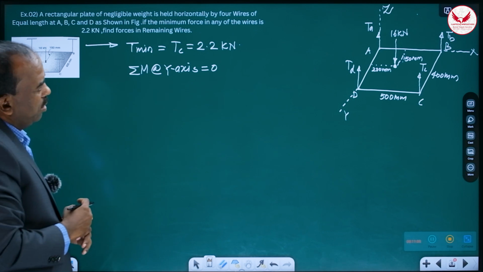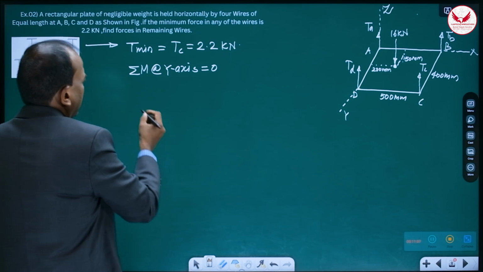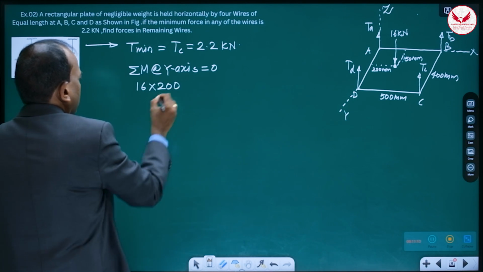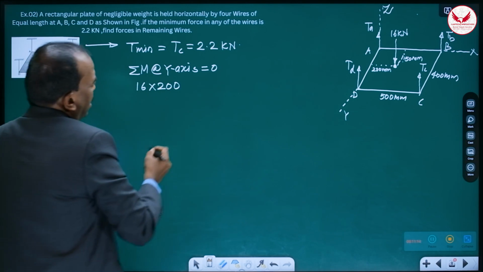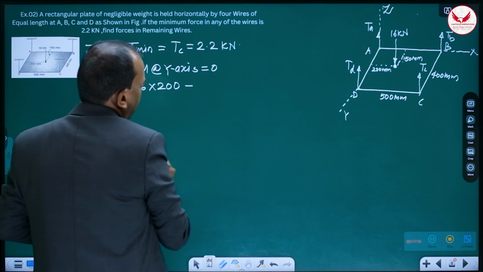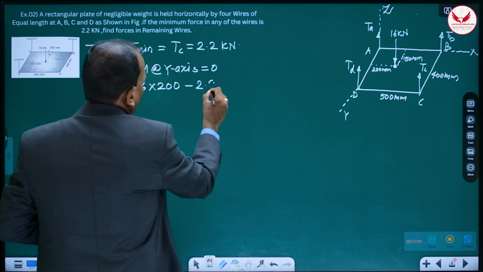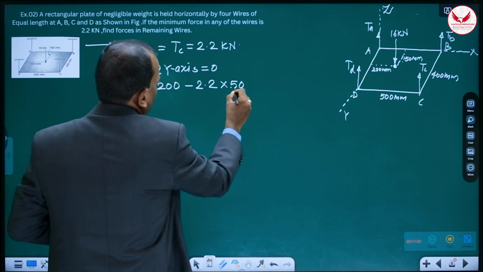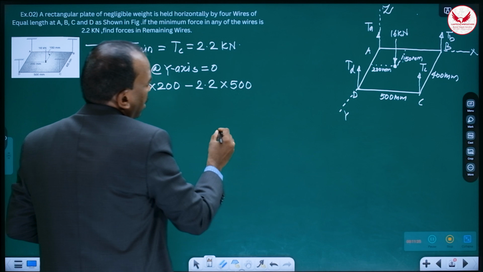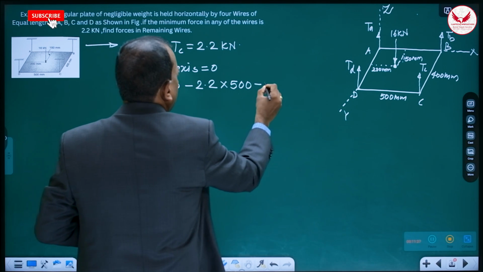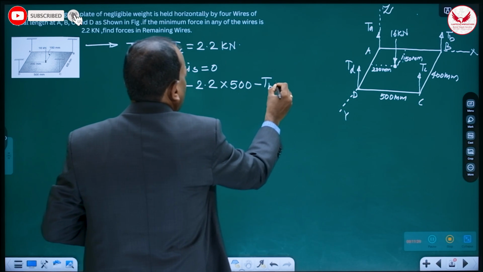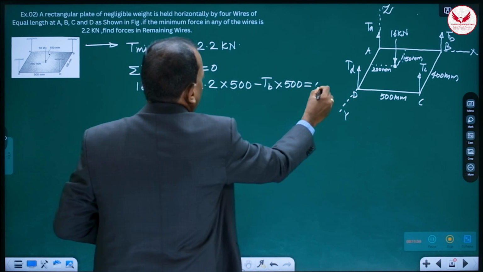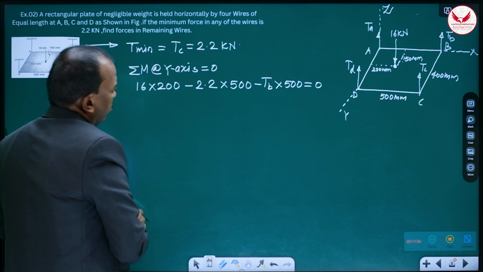Then what is the moment of 16 about y-axis? 16 into 200 minus anti-clockwise TC, which is known, 2.2 into 500, minus TB into 500, it is equal to 0. And then from this, we'll get TB.